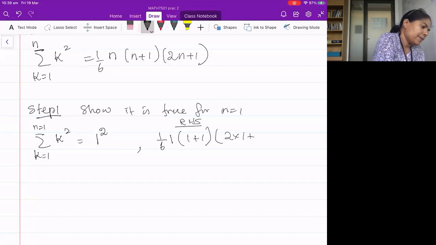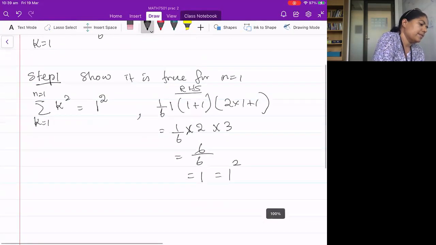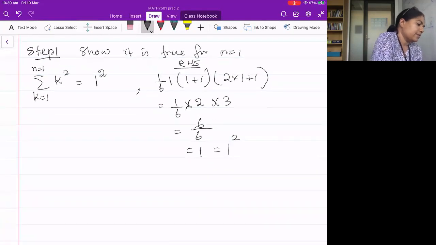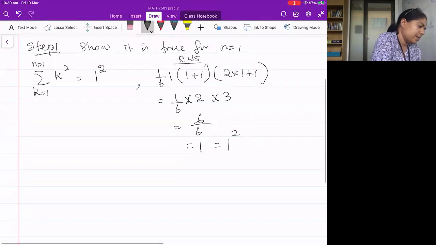This is equal to 1 by 6 times 2 times 3, which is equal to 6 by 6, 1, equal to 1 squared. Okay, so it's true for n equals 1.